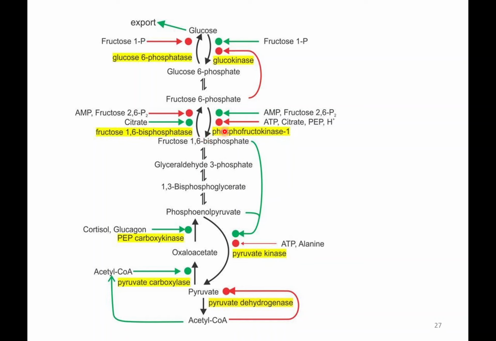A molecule called fructose 2,6-bisphosphate, or AMP, will turn that enzyme on towards glycolysis. Other molecules, such as citrate, will turn on gluconeogenesis. This gives a good overview, a good way of summarizing how these 2 pathways are differentially regulated.